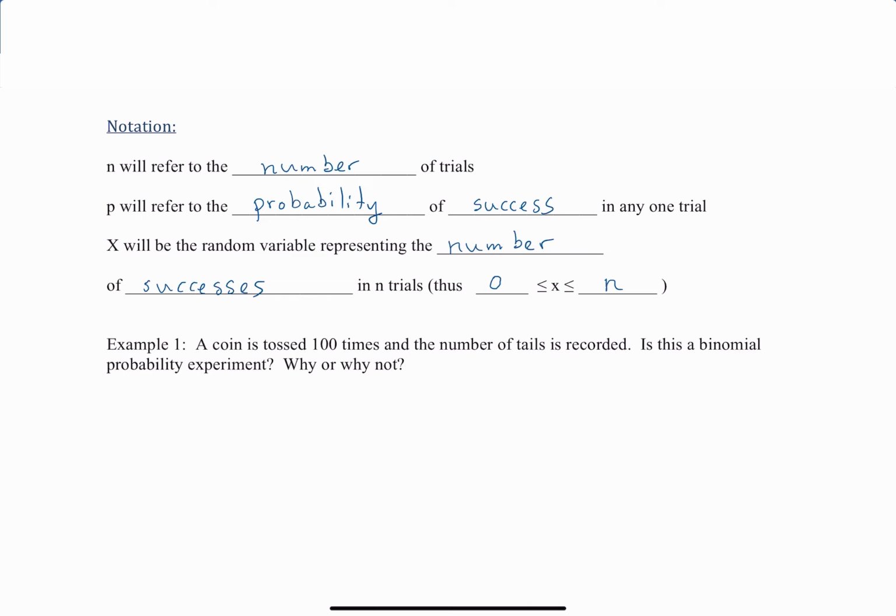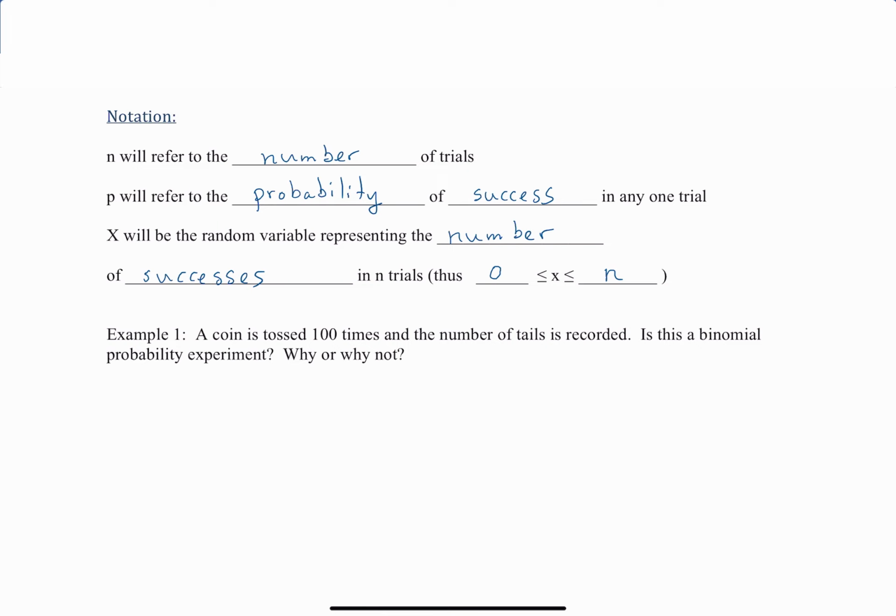Okay, let's see some examples of probability experiments that are and aren't binomial so that we can get a better feel for what all this stuff means. Here's our first example. A coin is tossed 100 times and the number of tails is recorded. Is this a binomial probability experiment? Why or why not?